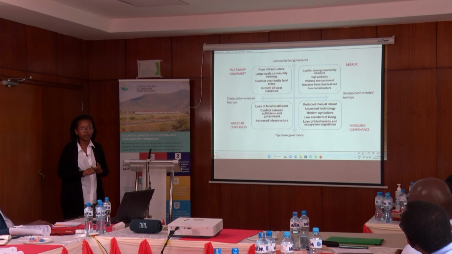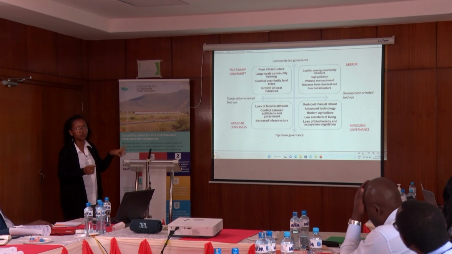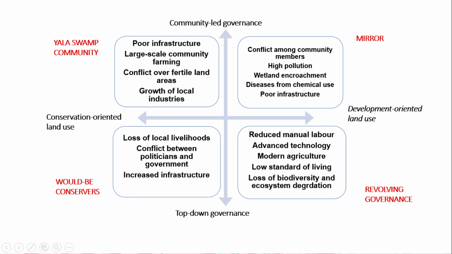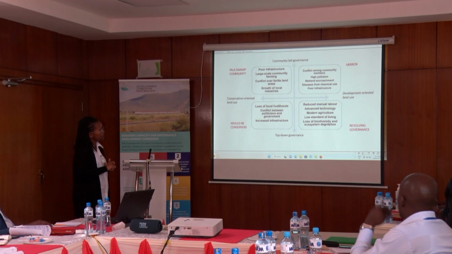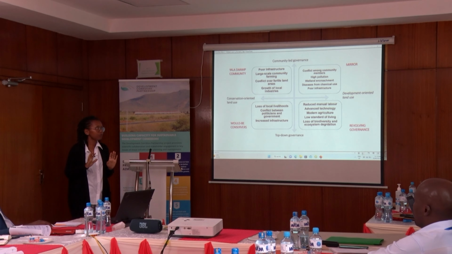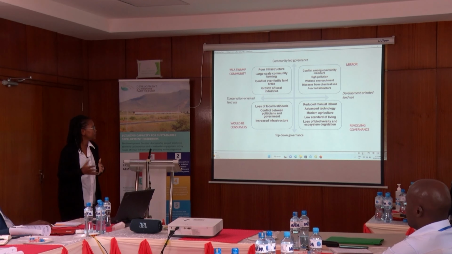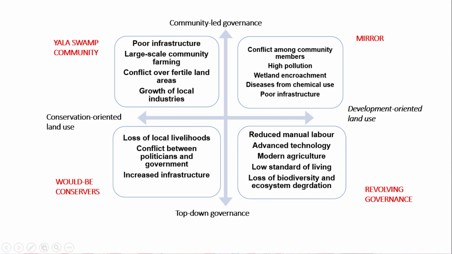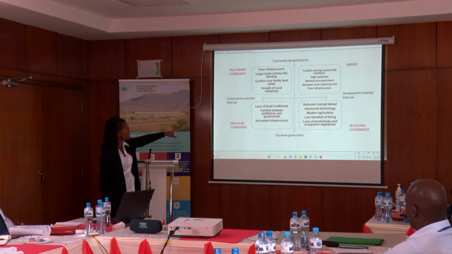You have high pollution because of the development angle. You have wetland encroachment because people now, government wants to be in control, so people will be getting into the wetlands anyhow. You have diseases from chemical use, and again, poor infrastructure because government is sort of hands-off, so the community are running it.